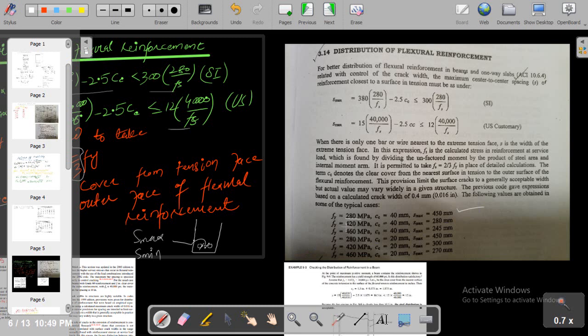Similarly, 280 is around 40 KSI steel, and 420 is 60 KSI steel. I will discuss in a coming lecture how to convert this and what the equivalent value of 280 and 420 is in US customary units, right?